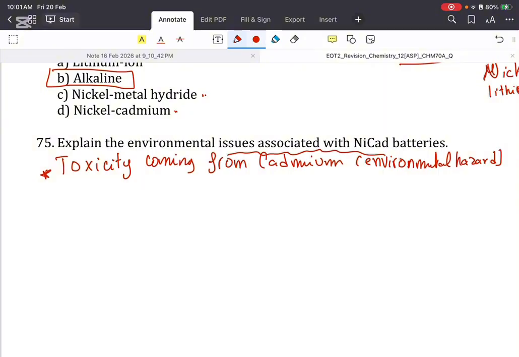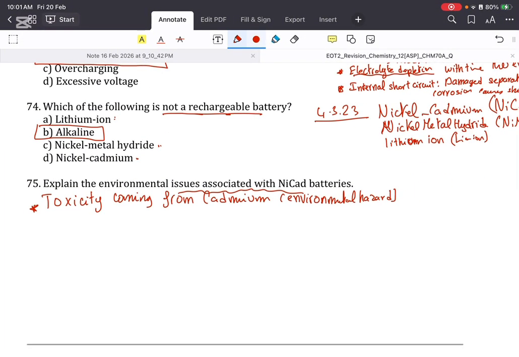Another example, it poses disposal and pollution risks. So we have other safer alternatives like nickel metal hydride or the lithium ion batteries that are being used nowadays. There are other problems, such as the memory effect. The capacity reduces if repeatedly recharged before fully discharged.